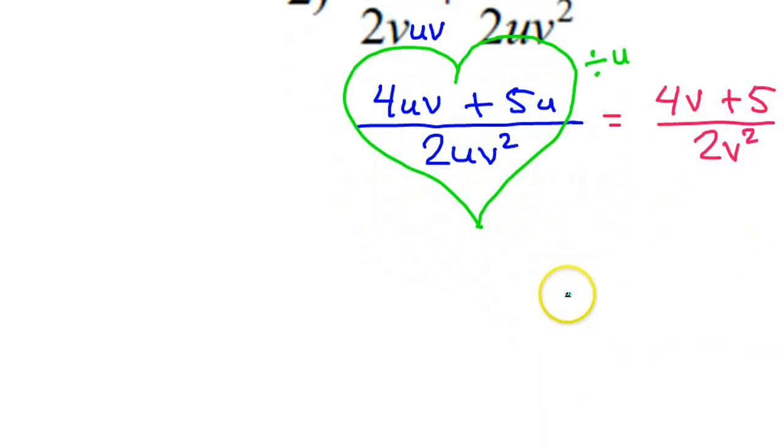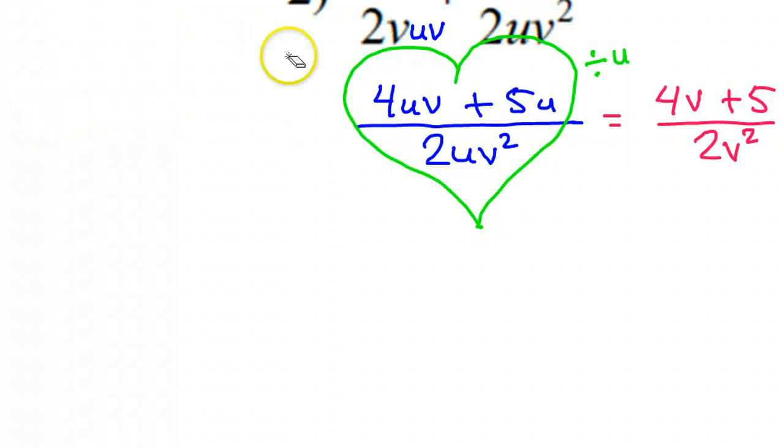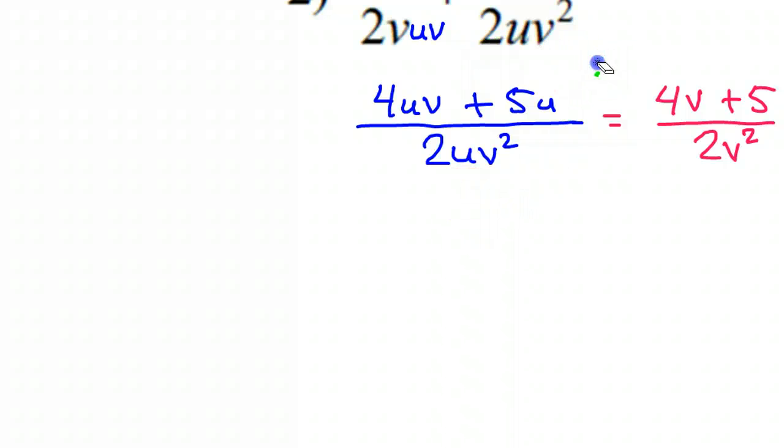Now, here's another way to think about it. Alright, some people won't prefer the way I just did by dividing everything by u. That won't make sense. Alright, so here's an alternative way of looking at it. GCF. Okay, if you look at the numerator, we're always asking ourselves, what's the greatest common factor of things?